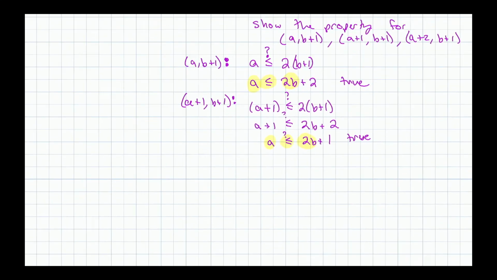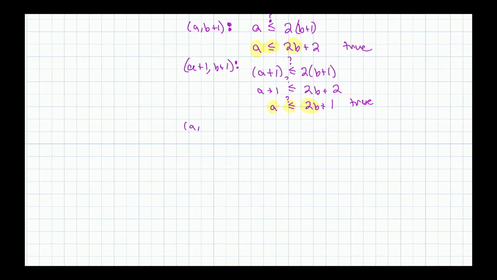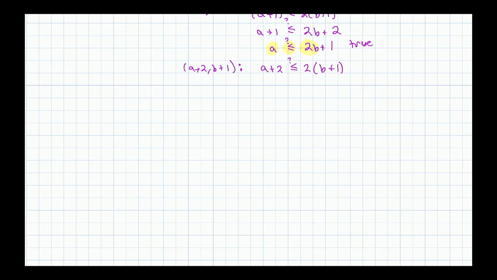And then the last one, (A+2, B+1). So is A+2 less than or equal to 2(B+1)? So we get A+2 less than or equal to 2B+2? Subtract 2 from both sides, and you get A less than or equal to 2B, which is exactly the induction hypothesis.